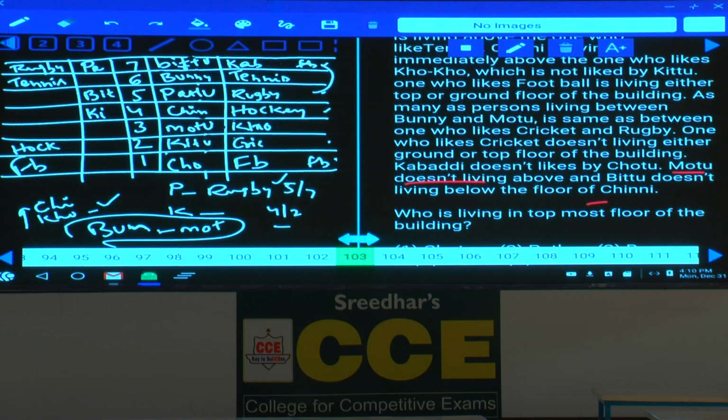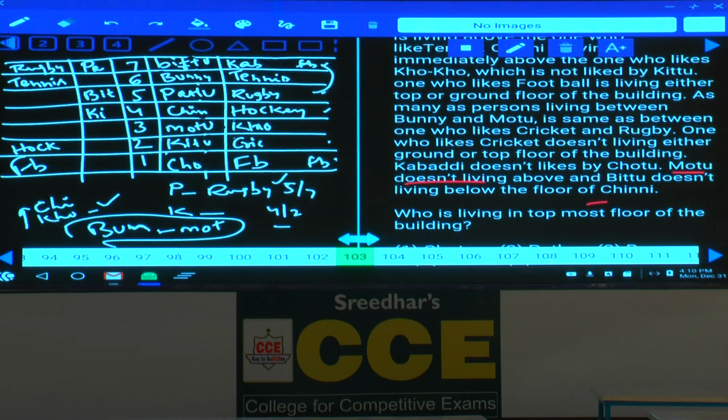Then question numbers 108 to 112. Yes, next one is 108 to 112.